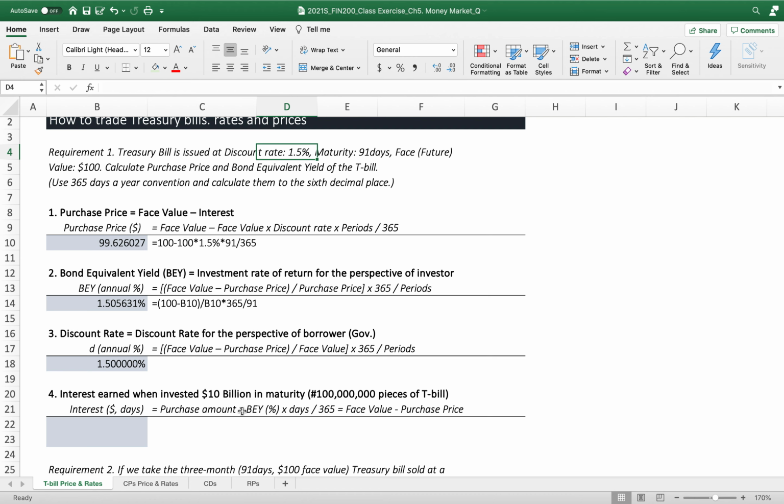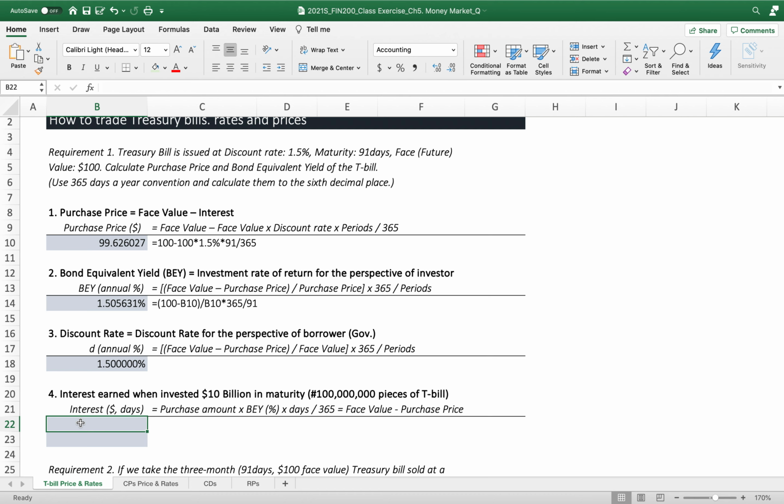Purchase amount times the bond equivalent yield times the days divided by 365, or we can put just 100 face value times discounted rate times days divided by 365, right? Or you can use just face value minus purchase price. Okay, so let's go this way.